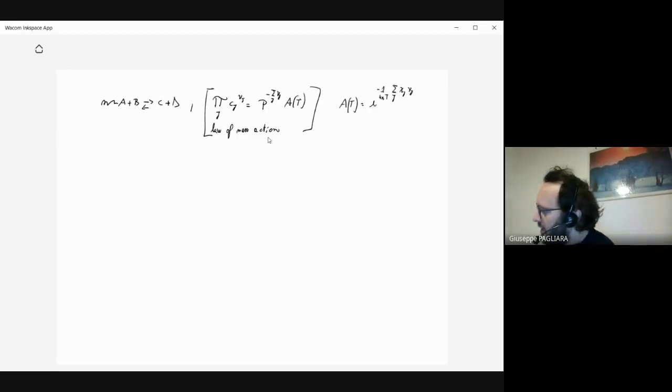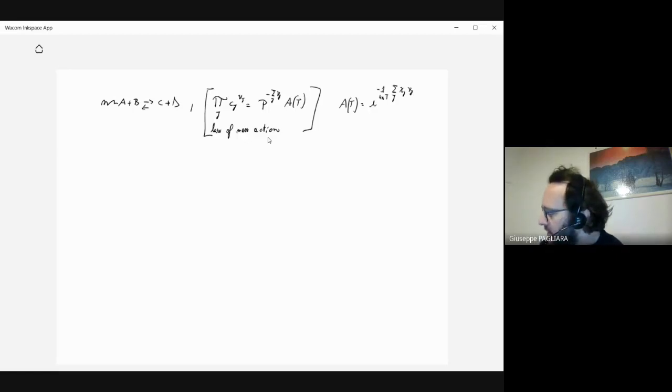And we said also last time that the way you can use this formula is to infer in which direction a reaction is going.